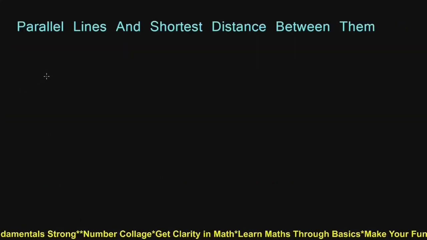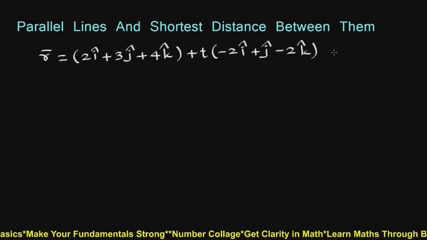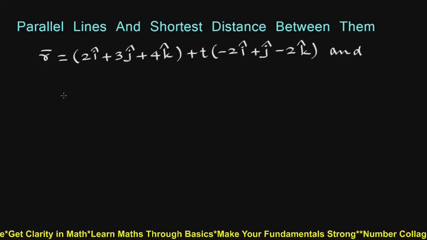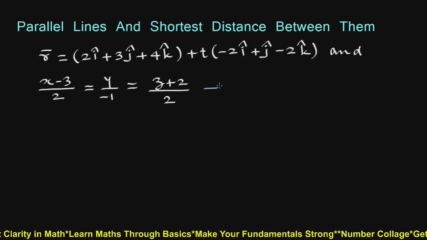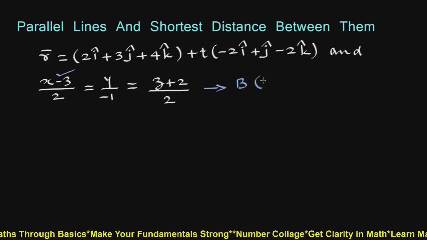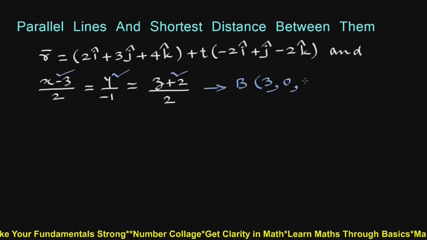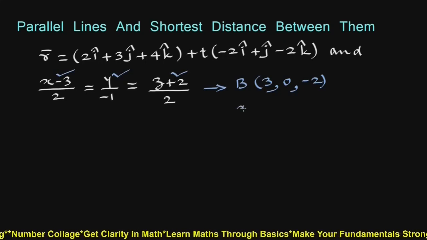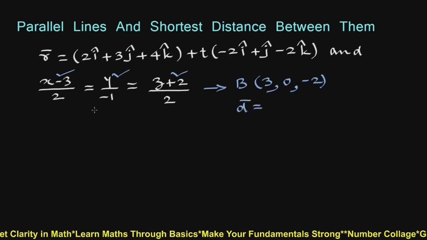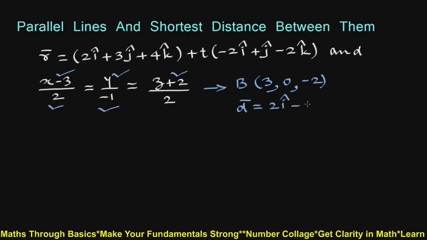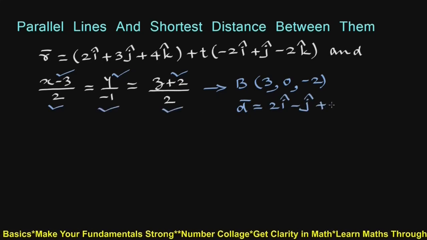Two lines in space are given, and in Cartesian or symmetric form, a point B on this line is (3, 0, -2), and vector d bar parallel to it is 2i cap minus j cap plus 2k cap.